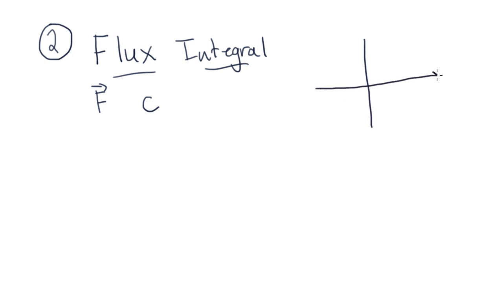So let's draw a picture again. And so we have our vector field, whatever it looks like. All of these arrows pointing all over the place. Maybe there's some method to their madness, but there's our vector field. And then we have our simple, closed, positively oriented curve.